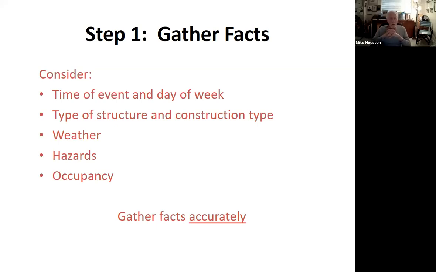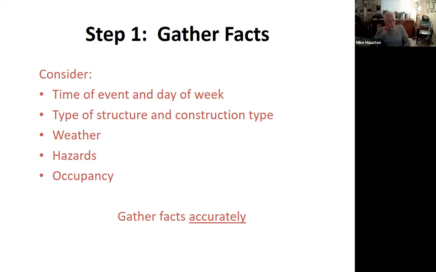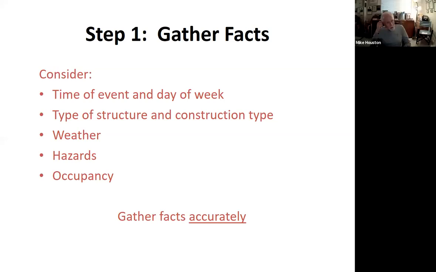Generally speaking, you could say in California, both adults may be working and kids may be in school. There'd probably be a stronger likelihood of that than if it's on a Sunday at 9 o'clock in the evening, where people are going to be in their structure, and how many people are you going to encounter in the residence. Type of structure is important.